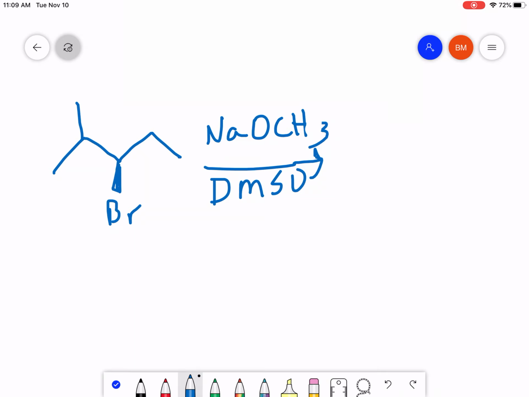So let's take a look at what else we have here now. In this case, we have a sodium salt, sodium methoxide, and we know that's going to dissociate. It's going to give you that. And we know that that's a strong base and also a strong nucleophile. DMSO is a polar aprotic solvent, all right, which works well in both SN2 and E2 reactions. This is a case where there's actually nothing differentiating whether you had SN2 or E2, so you're going to get both.